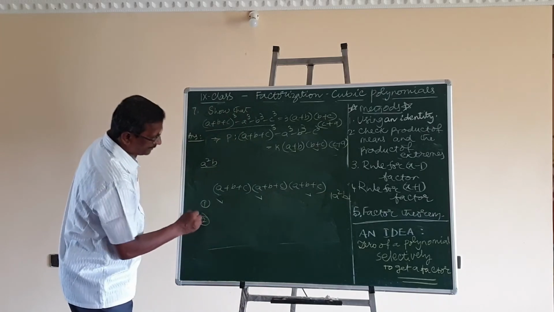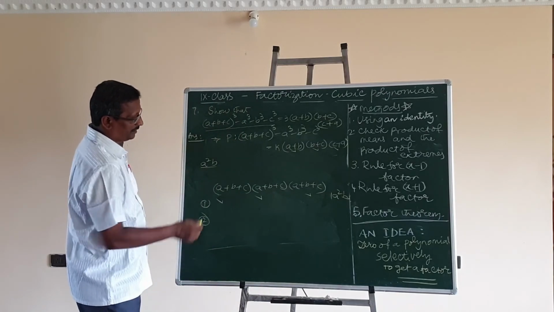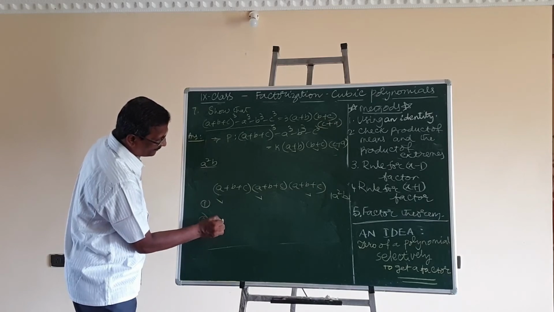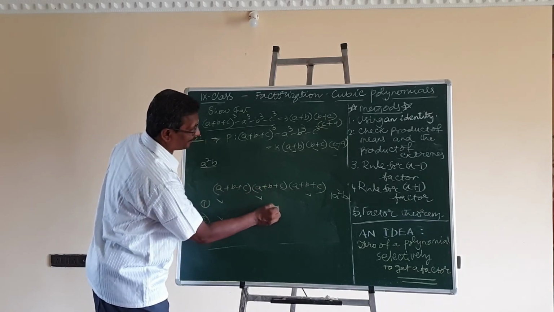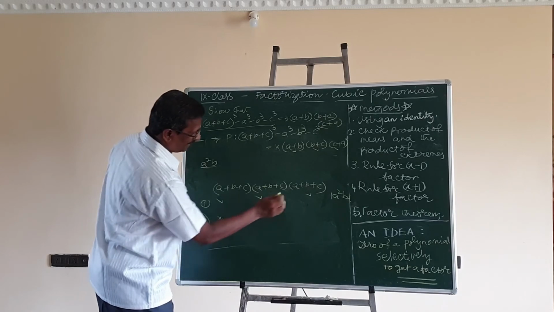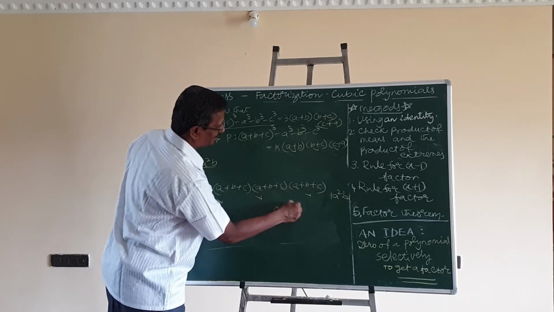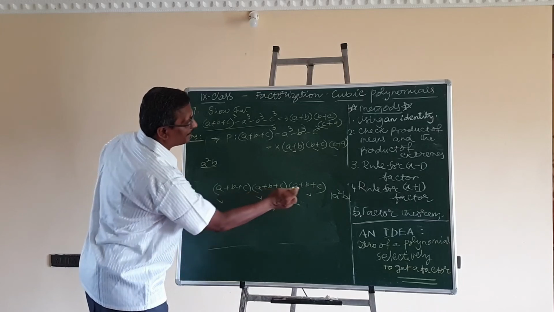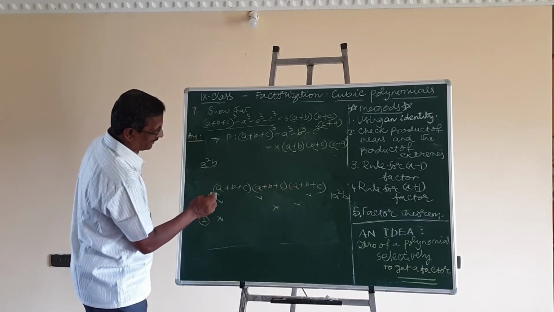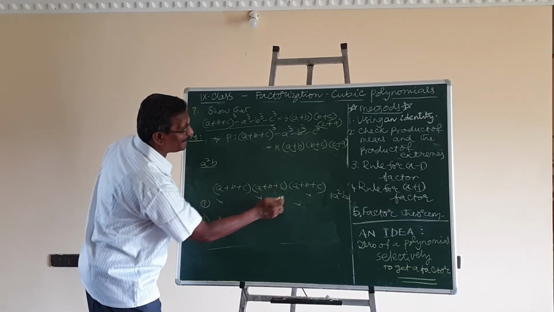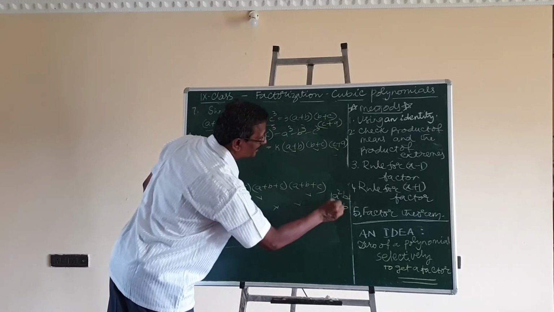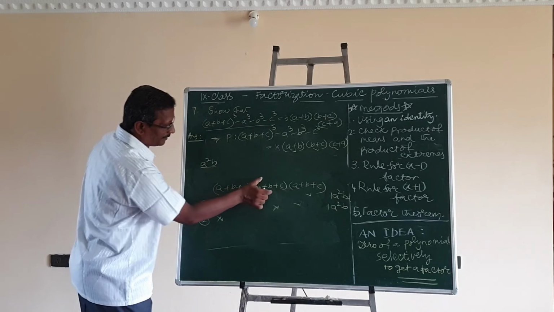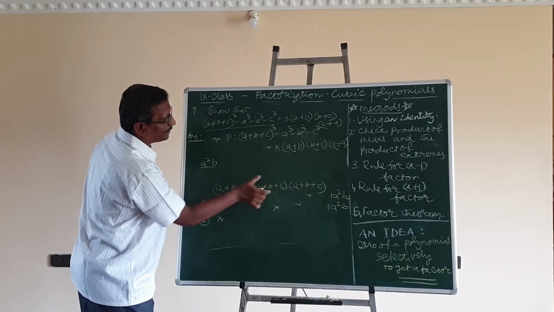Now the same a square b terms: from the first term I will take the same a, from the second term instead of taking a I will take b, and from the third term I will take a. Here a b for the first case. Second case, b a. Here this is also 1 a square b.